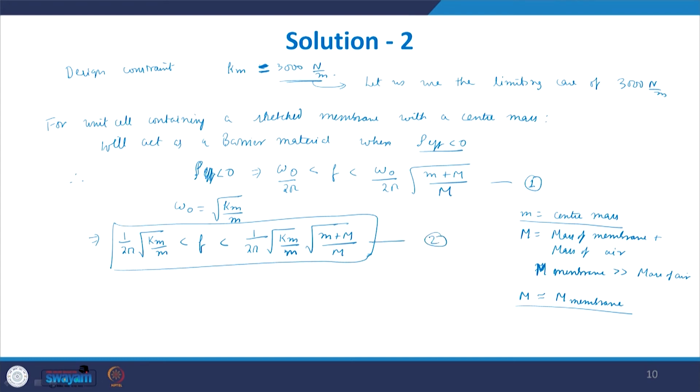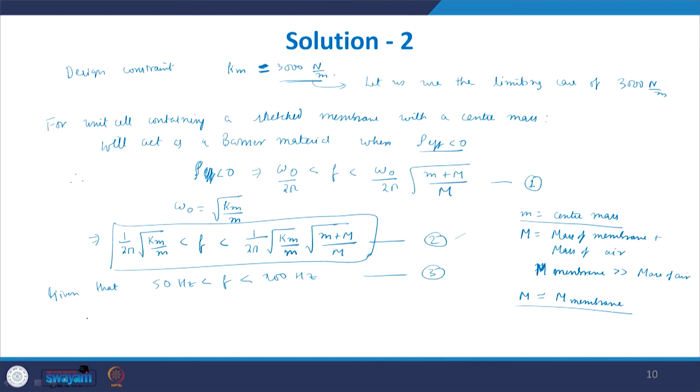Now, from equation 2 it is given that this range is actually between 50 Hertz to 200 Hertz. So, this is what is given to us, and this is the analytical expression.